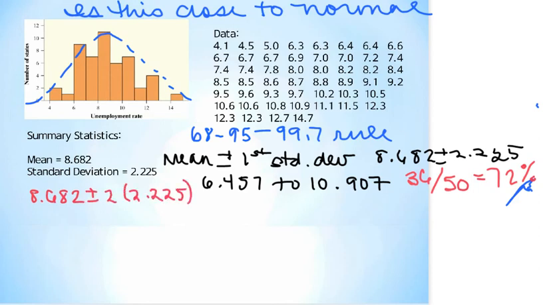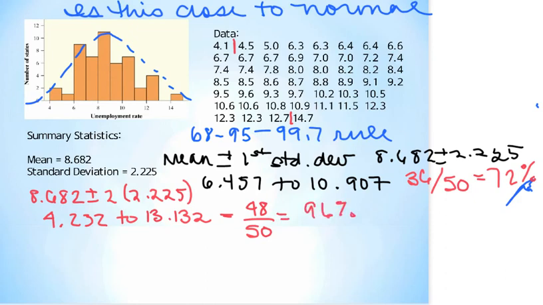The range I get here is between 4.232 all the way up to 13.132. If I count those again, that's pretty easy, I don't even have to count them. That's 48 out of 50, which happens to be 96%.